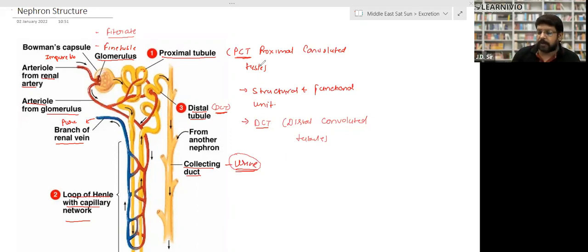Look, one more thing I want to mention: the filter which is present inside is called the glomerulus, and this complete ball-like structure is called Bowman's capsule. So Bowman's capsule is that complete structure, and inside Bowman's capsule is the glomerulus. Look, let me tell you, I want to make it more clear so that you don't get confused.